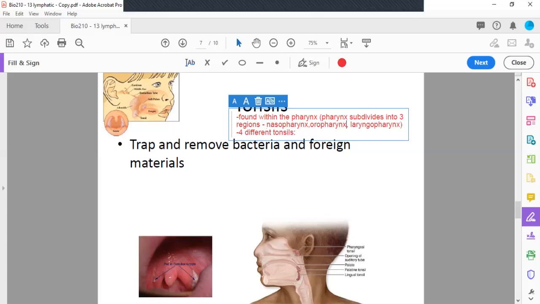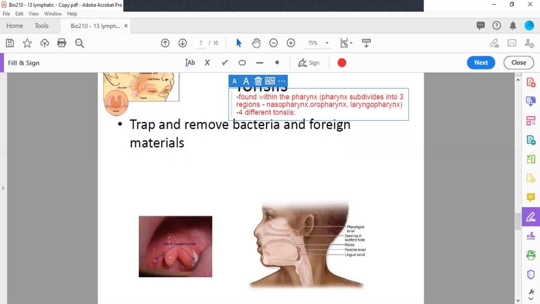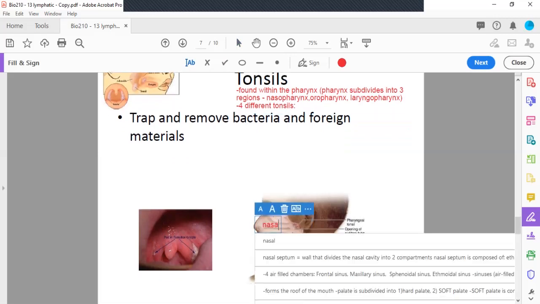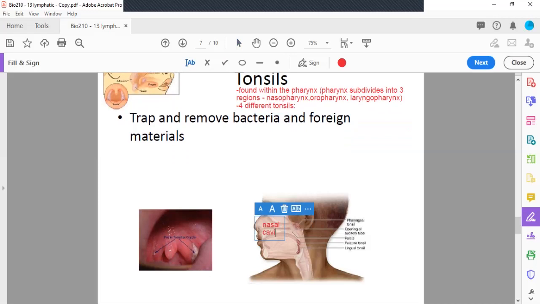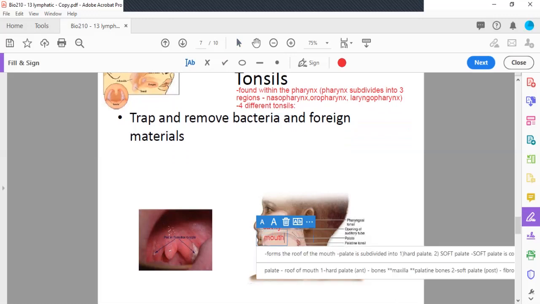Let me show you on this image right here. You can see this is the nose, the nasal cavity right here. So I'm going to type in nasal cavity. And this would be the mouth. All right, that's obvious.